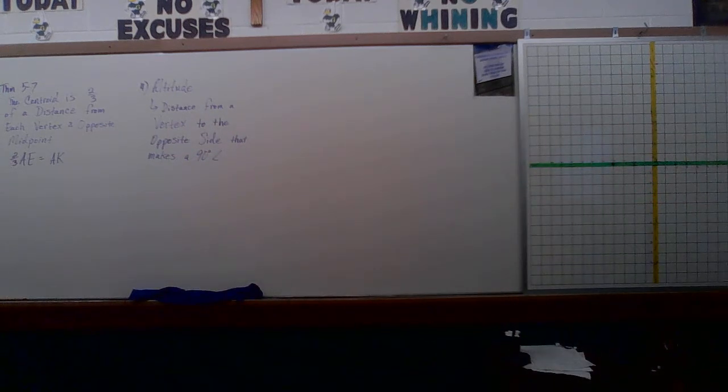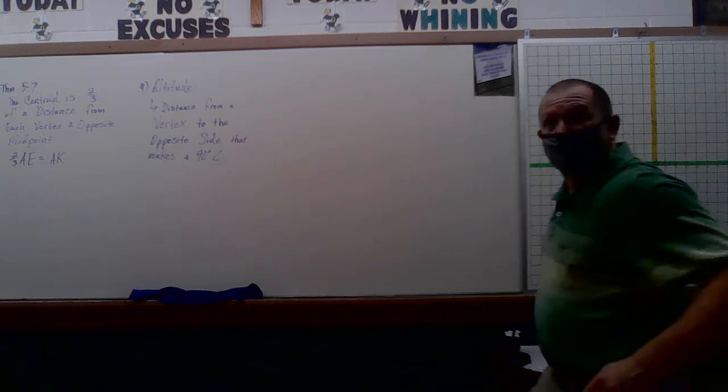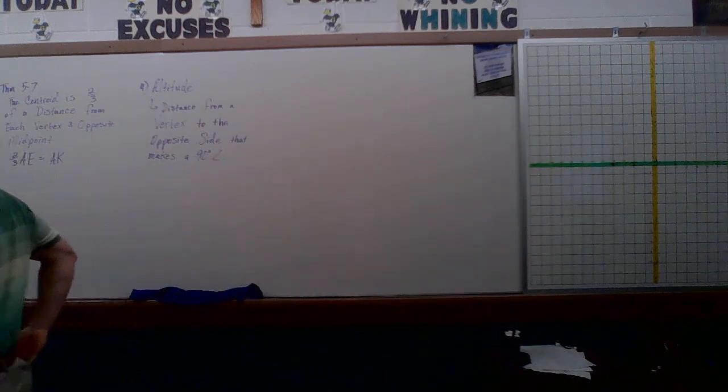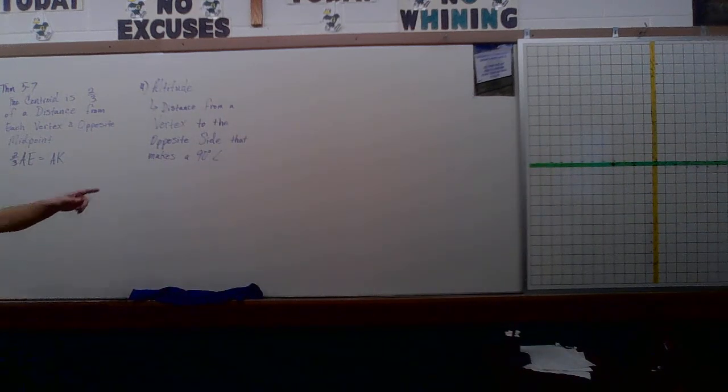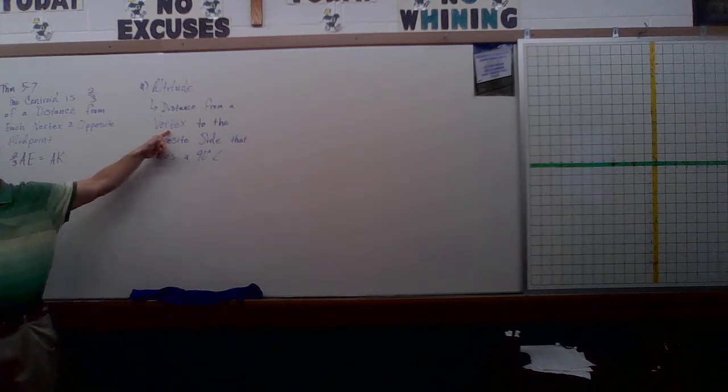So this one's a lot like a perpendicular bisector, but the perpendicular bisector didn't have to start from a vertex. Okay?